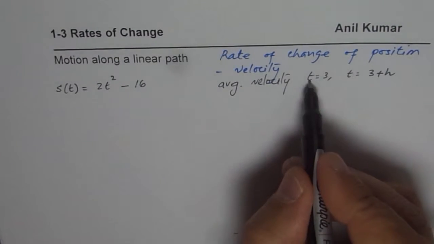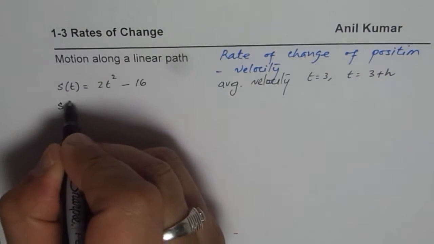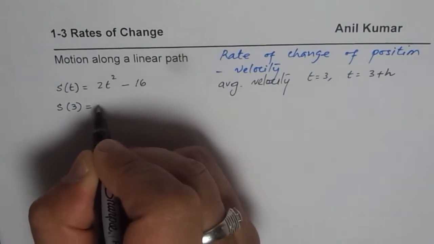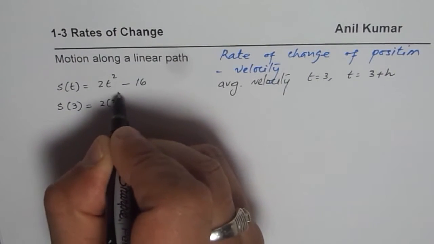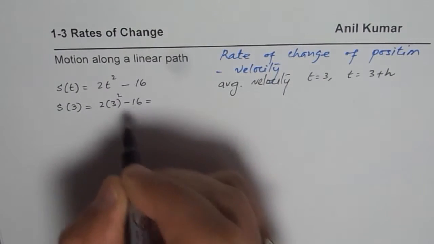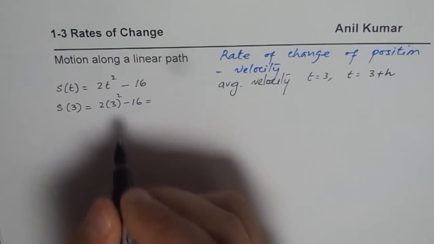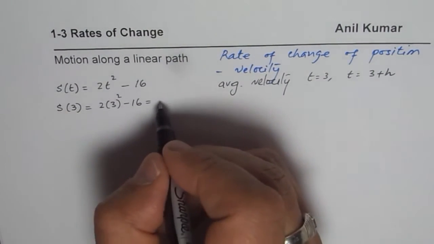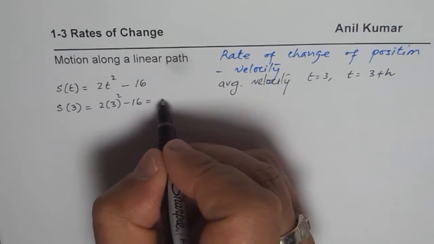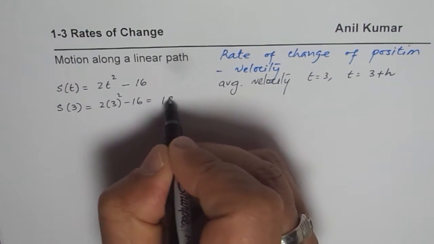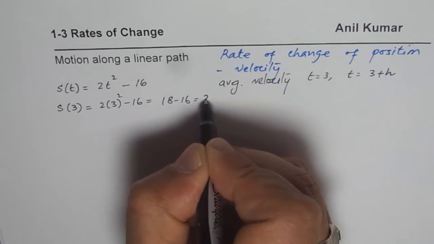When t equals 3, the position will be s of 3, which is 2 times 3 square minus 16. 9 times 2 is 18, minus 16, which is 2.